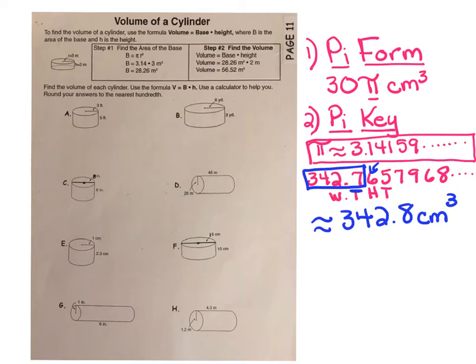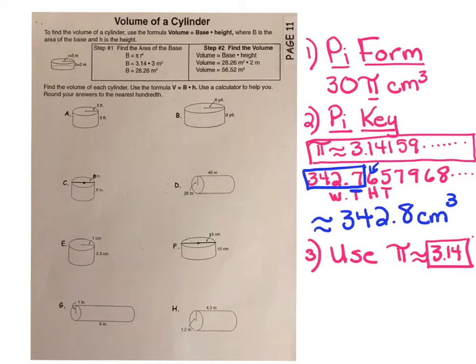So most of the time when we use the pi key, we're certainly going to have to round our answers. And finally, you may be asked for the third option when it comes to pi. The third option has you use a rounded version of pi, 3.14. And on this worksheet, that's what we're going to use.